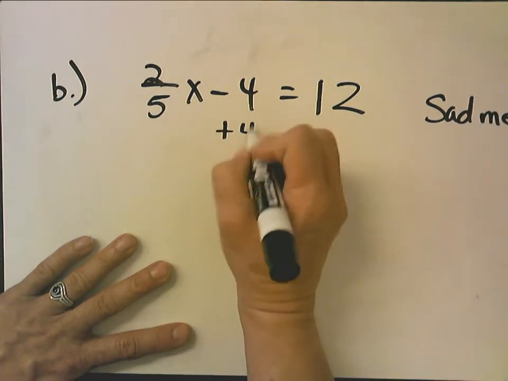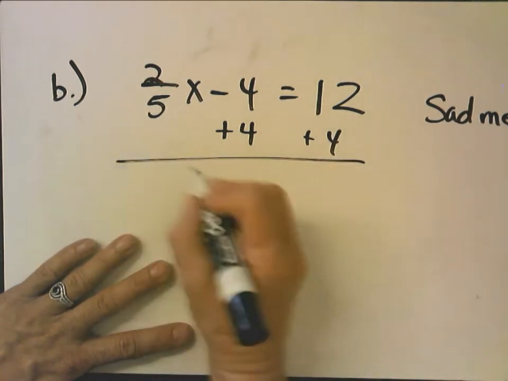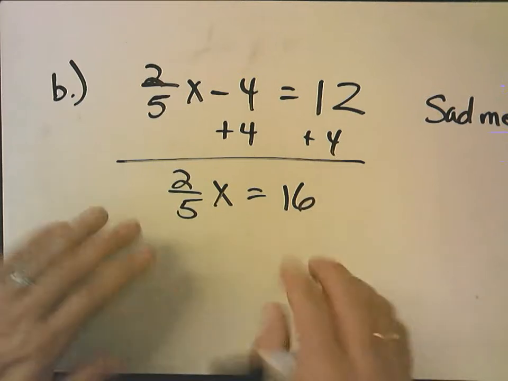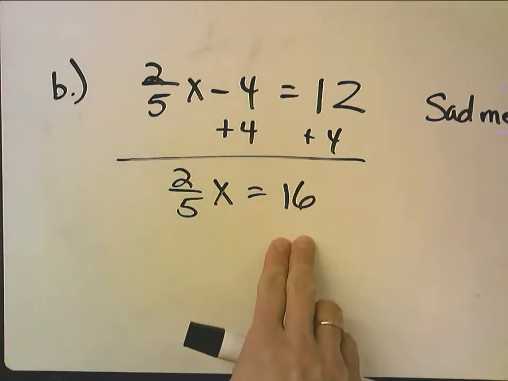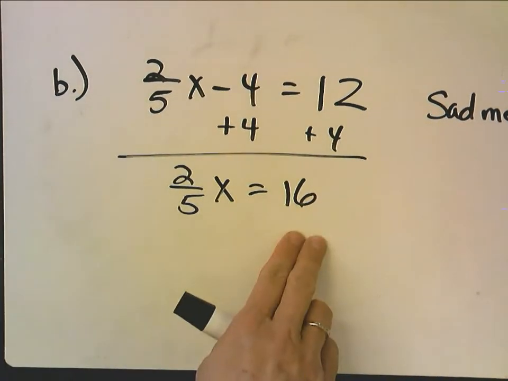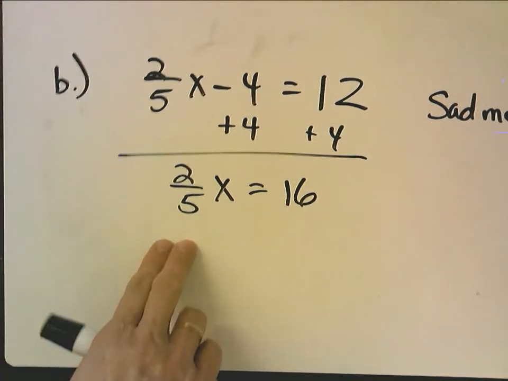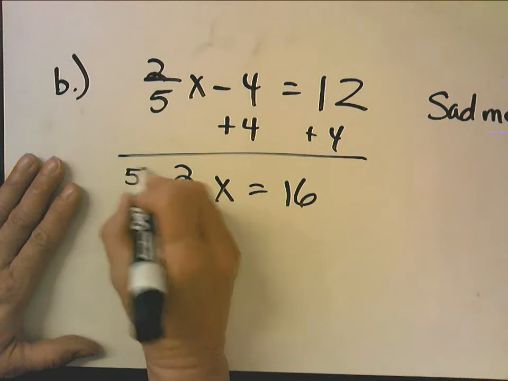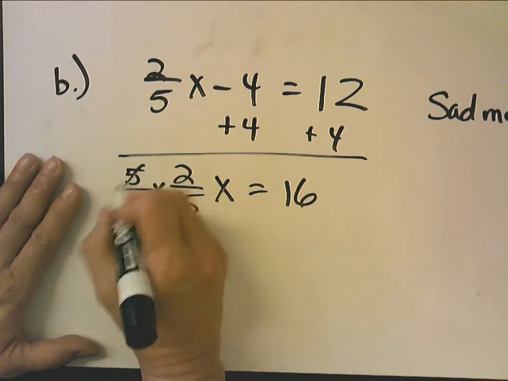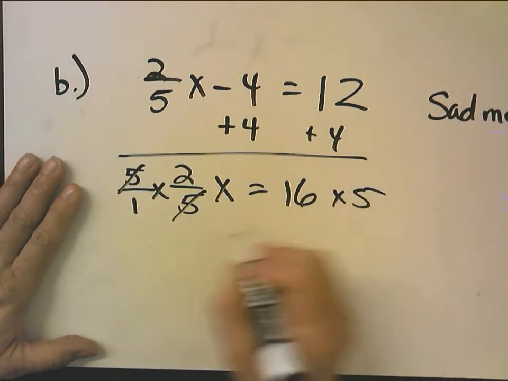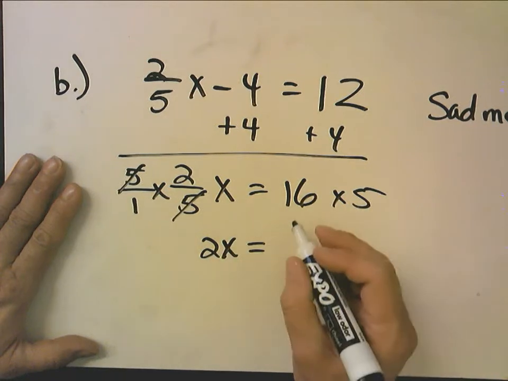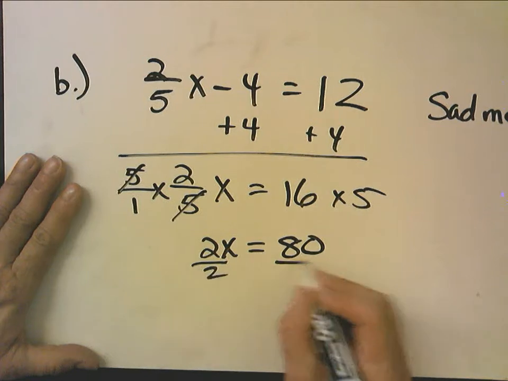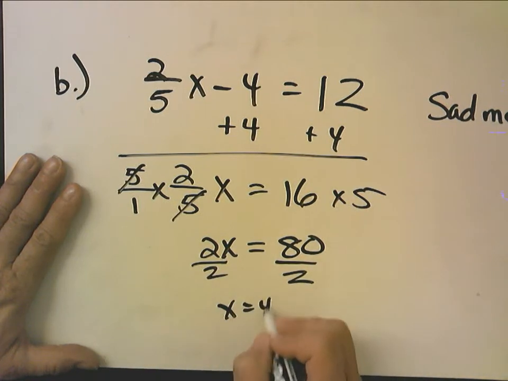So I'm going to add 4 to both sides, because now I only have two numbers I have to multiply by 5 to get rid of the fraction. So one way to get rid of the fraction is to multiply by the common denominator, which is 5. I end up with 2x equals 80. Divide by 2, x equals 40.